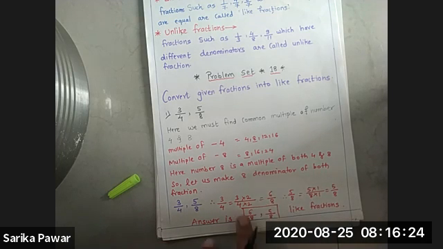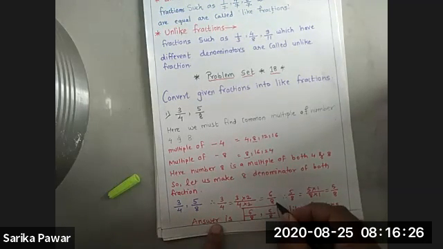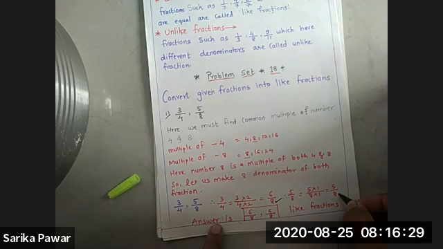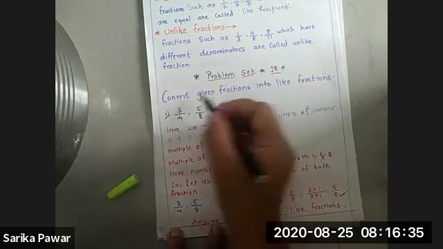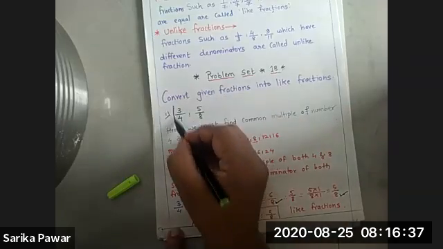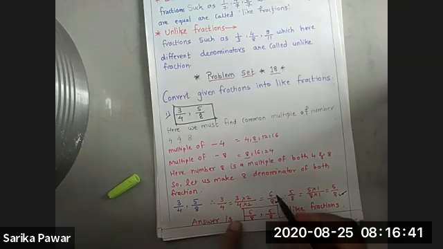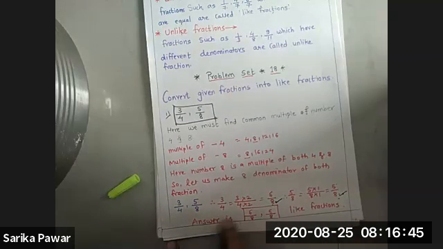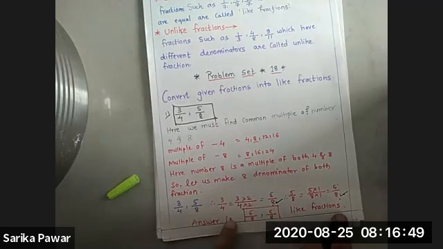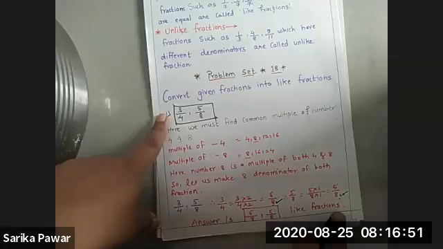So here also we got the same denominator, 8 and 8. That is what we want, because we have to convert the unlike fractions into like fractions. So our answer is 6 upon 8 and 5 upon 8, the like fractions of the given fractions.